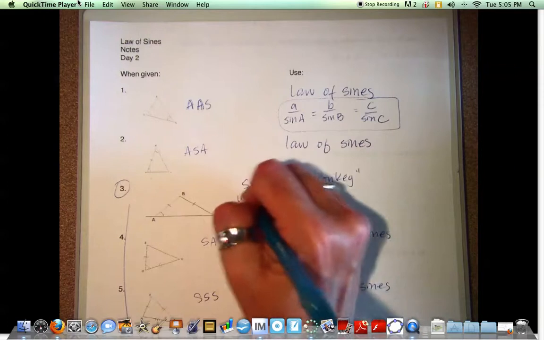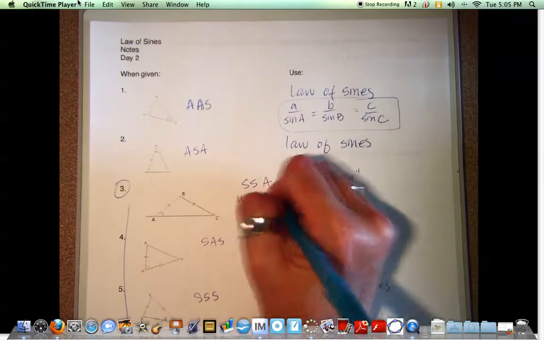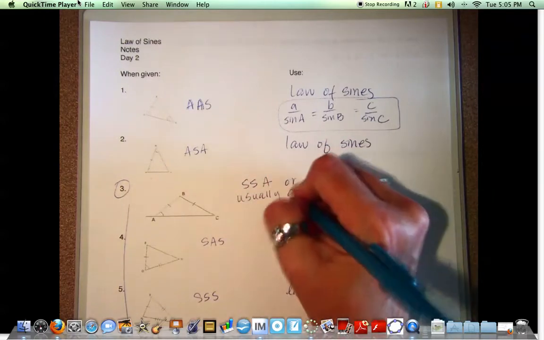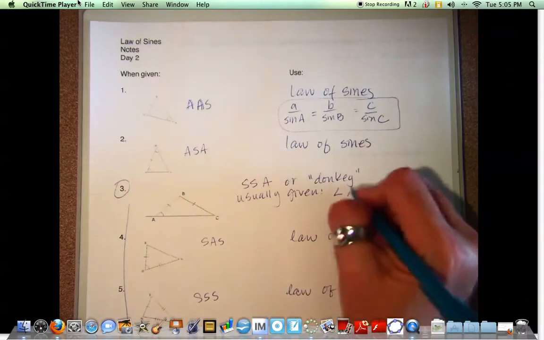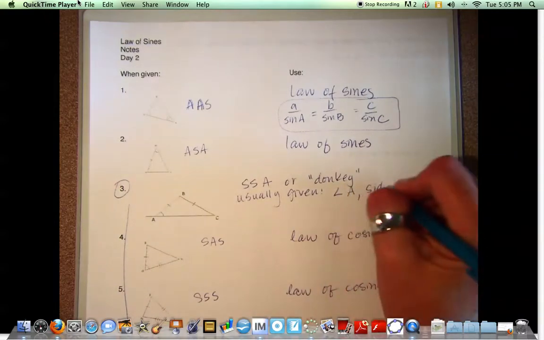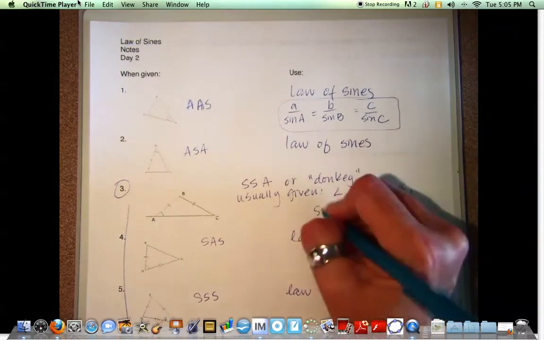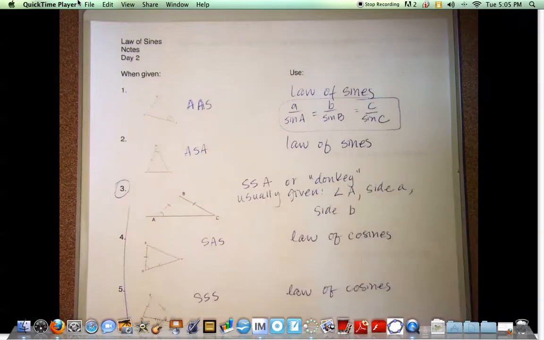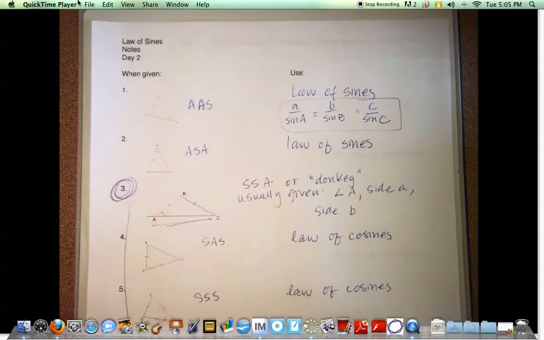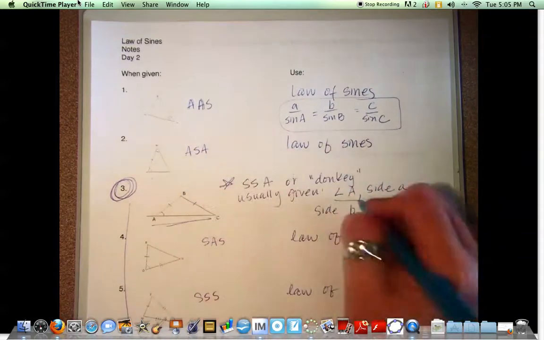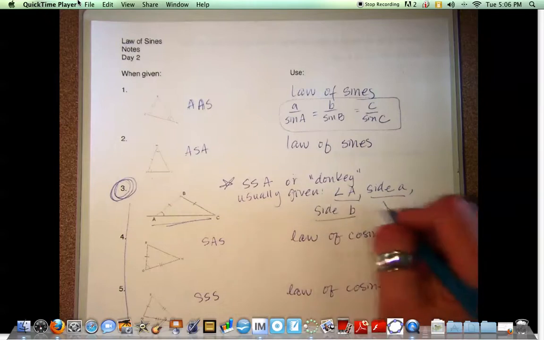And you are usually given angle A, side a, and side b. Those should always be your flags that this is the special case that you need to pay attention to, where different things can happen. So, angle A, side b, special cases.